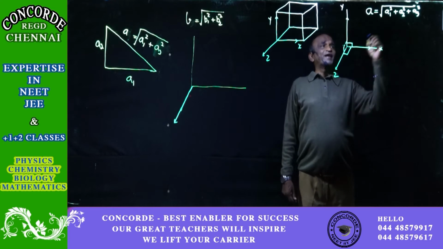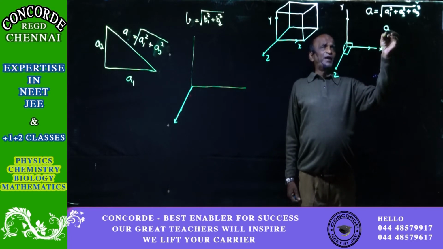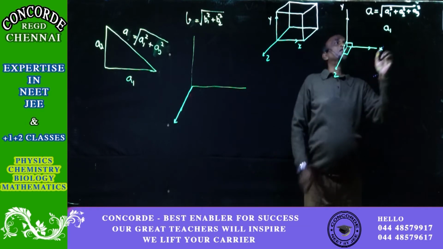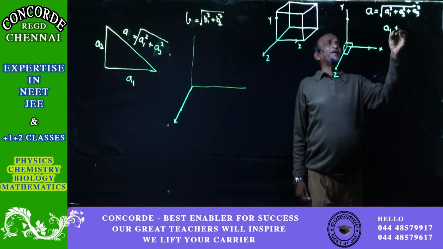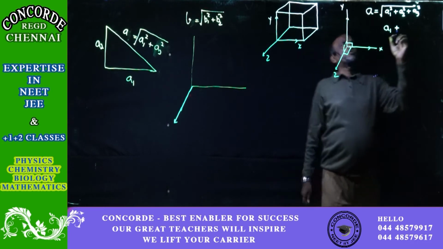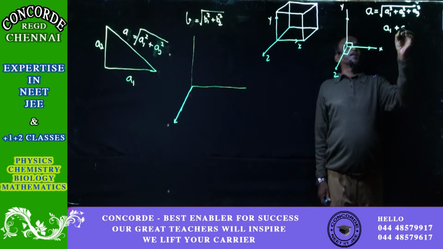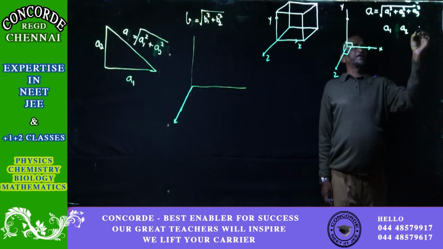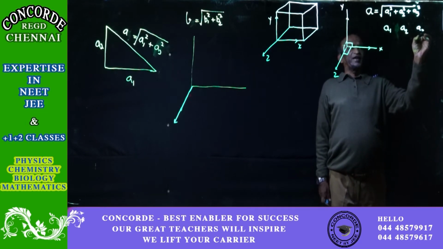So along the x direction, let us say that the magnitude is a1 for this vector. And for the y direction, it has got an effect in the y direction also, let us say a magnitude of a2. And for the z direction, the magnitude is a3.